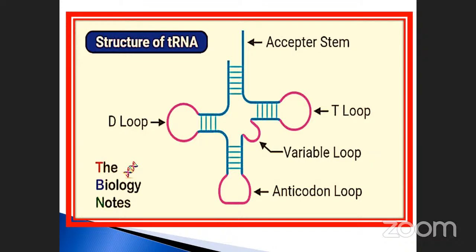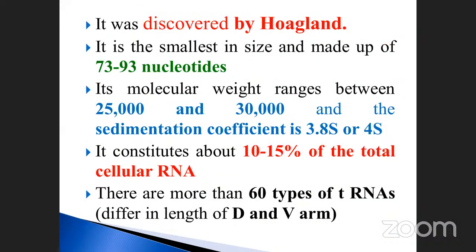So how many arms are there in total? In tRNA: acceptor arm, T loop, variable loop, anticodon loop, and D loop. Okay, my dears, don't forget. We will discuss these things one by one.